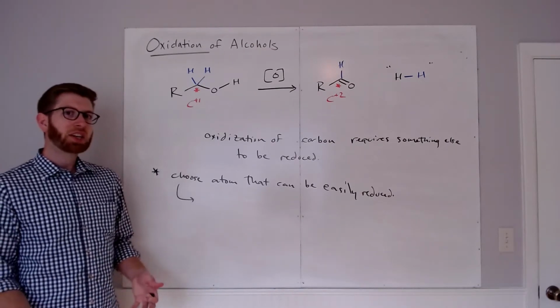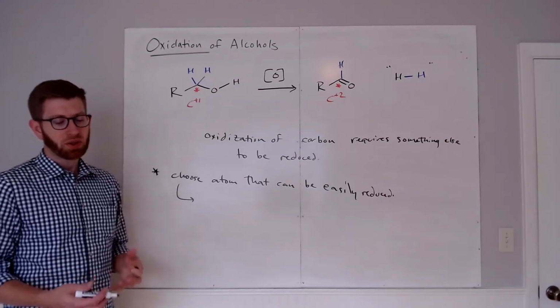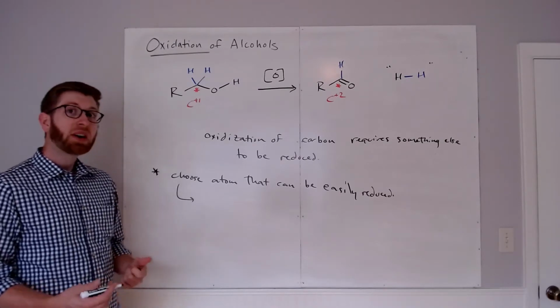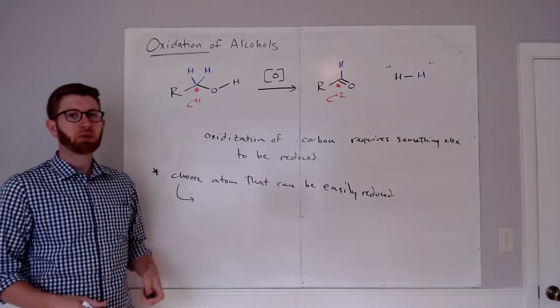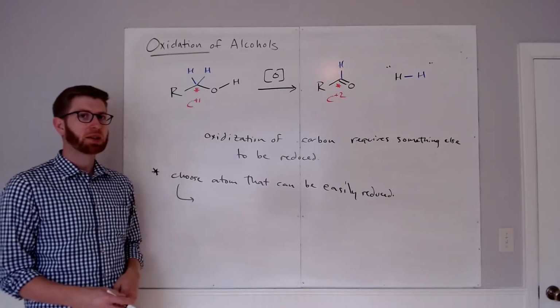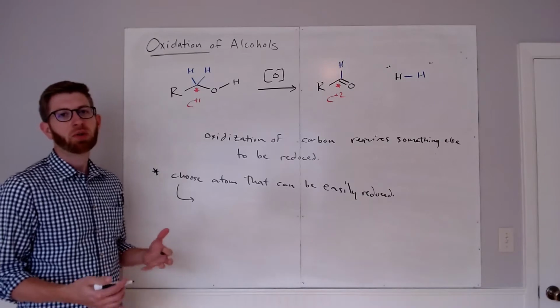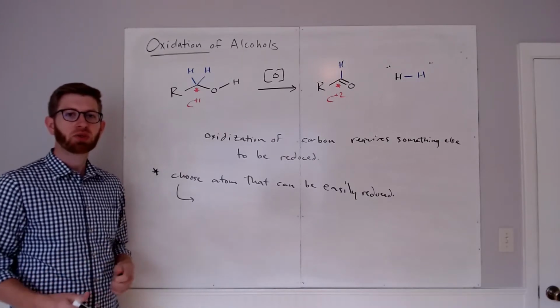Another strategy is actually to use compounds, or specifically atoms, that are at very high oxidation states, maybe like +3, +4, +7, those kinds of things. But we know that really the only way we're going to come up with those kinds of oxidation states is to use transition metals.